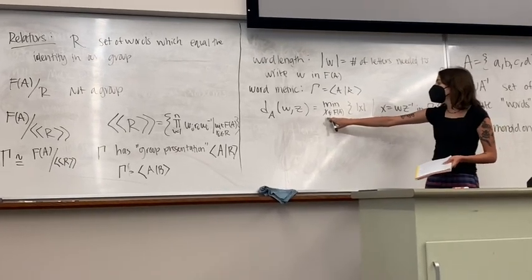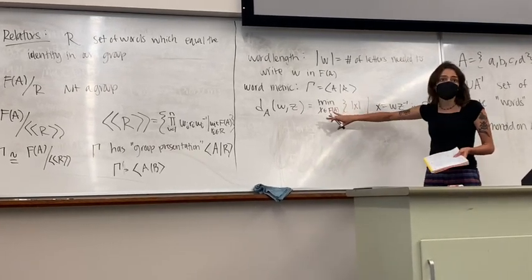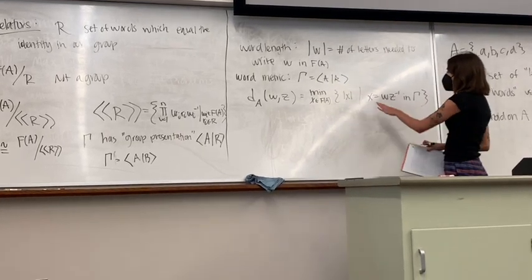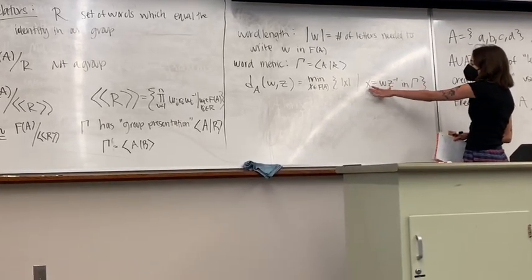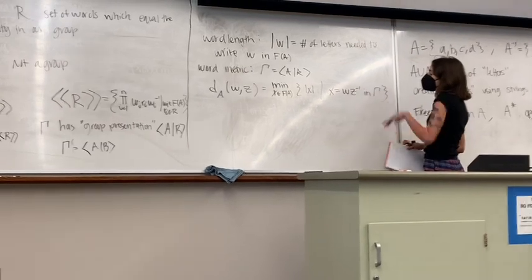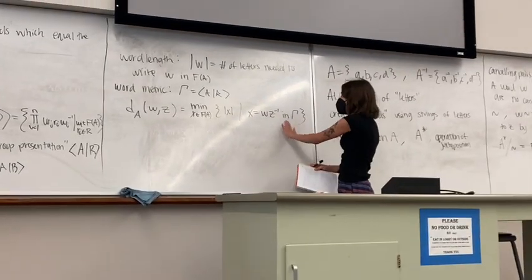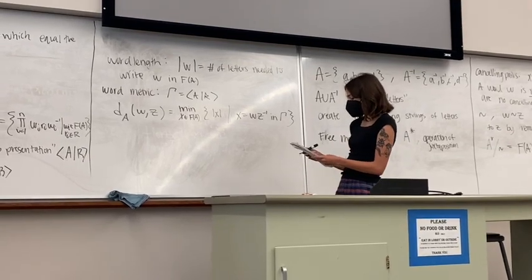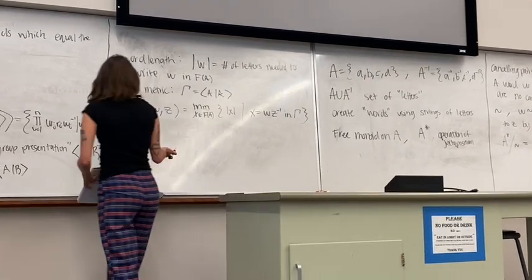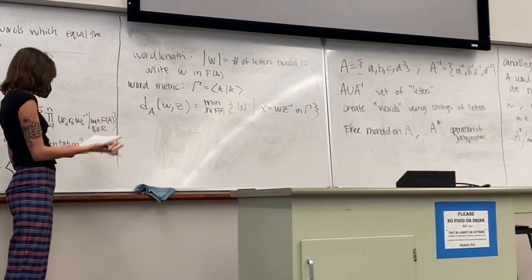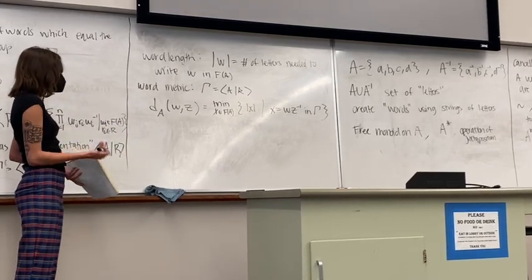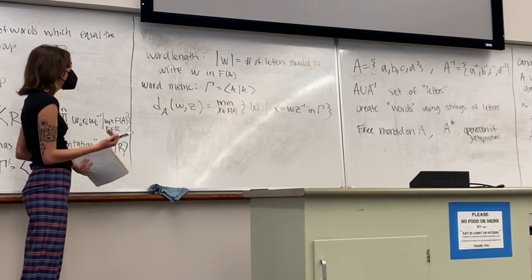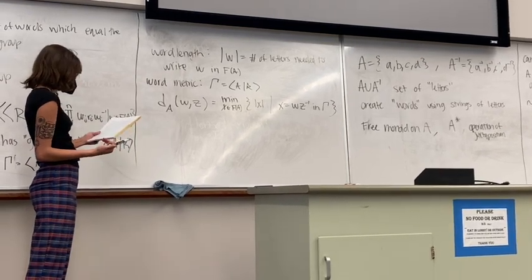So we take all words in the free group on A and then find the minimum word length of all these words where x is equal to W Z inverse in our group gamma. Now we have a way to represent our group as a metric space, and this allows us to do a lot of really interesting things.